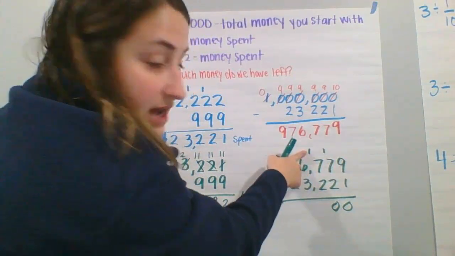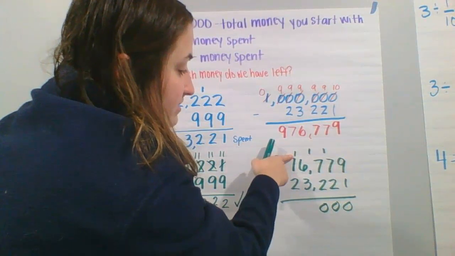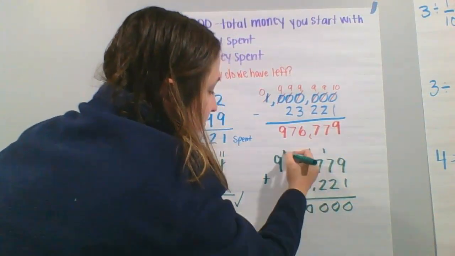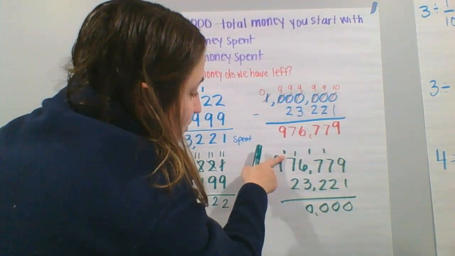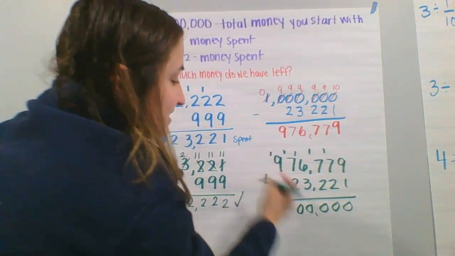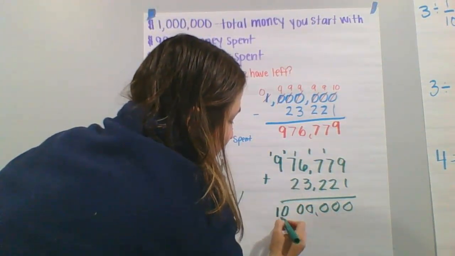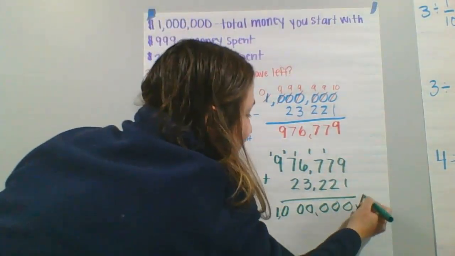Same, 7 plus 2 is 9, plus 1 is 10. 6 plus 1 is 7, plus 3 is 10. 7 plus 1 is 8, plus 2 is 10. 9 plus 1 is 10. And we have 1 million, so we are correct.